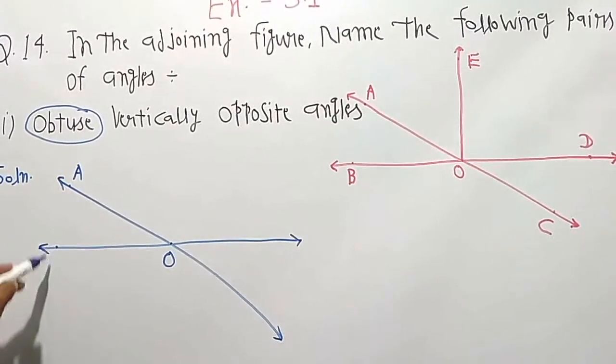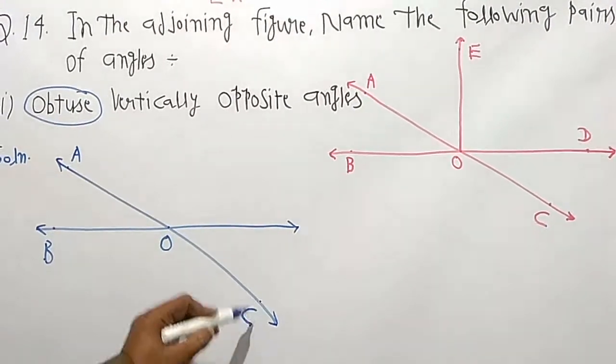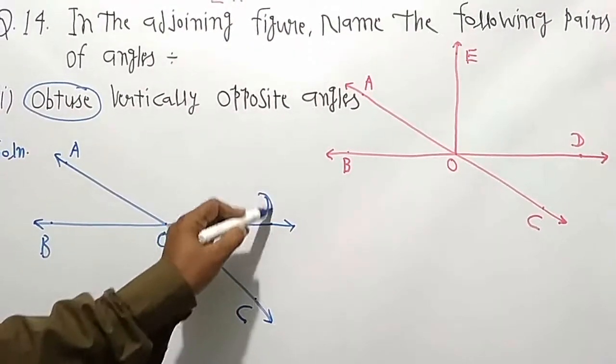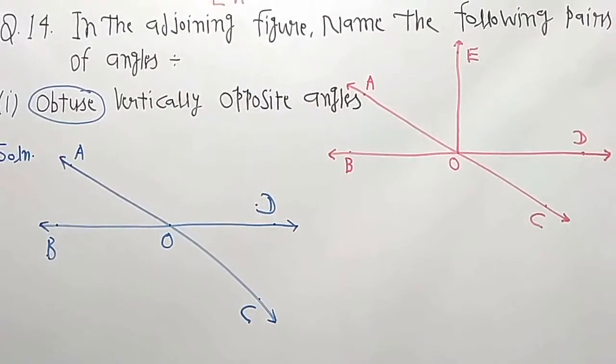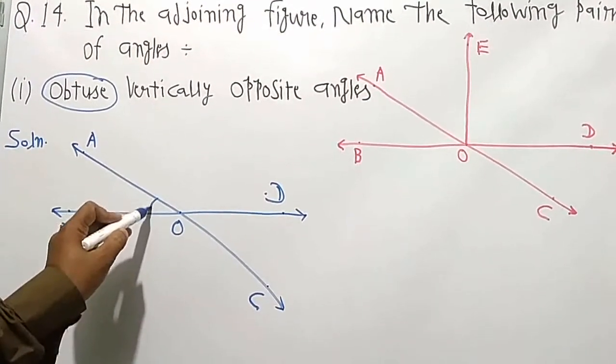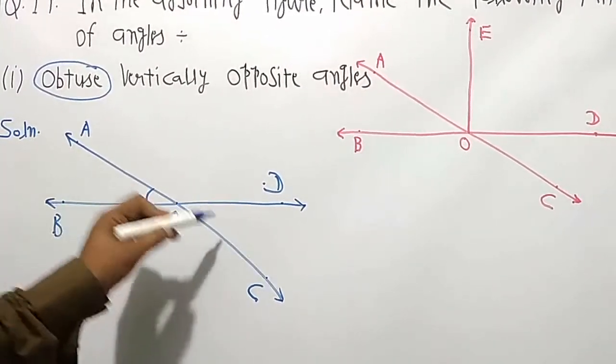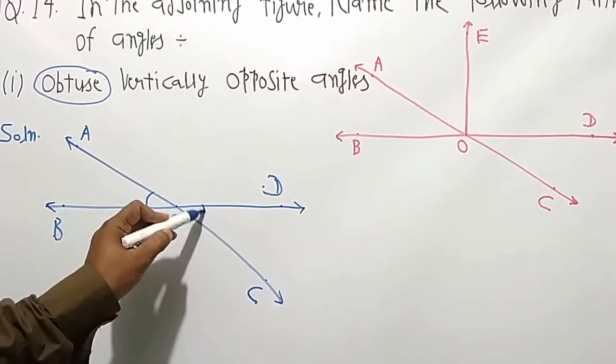This is the figure in which we are taking this much part because it is the required part. Here it is shown, this is our first angle AOB, and the vertically opposite angle of this is just this one.